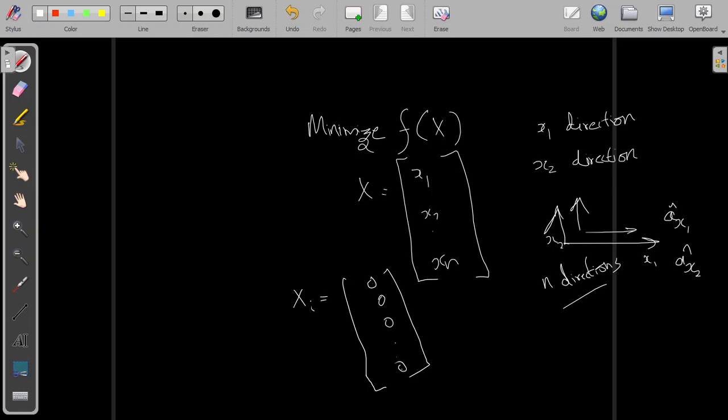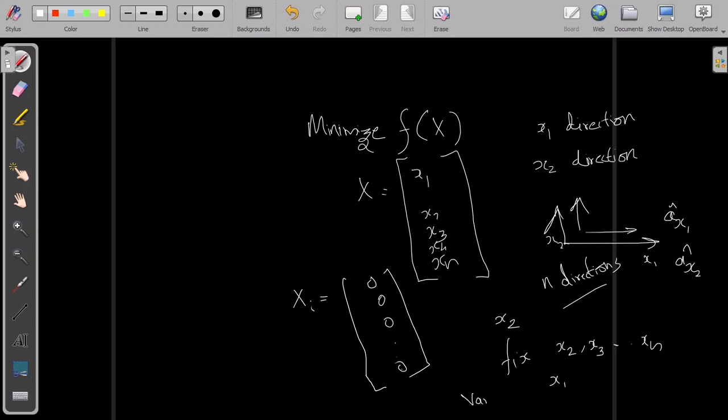Initially we fix the values of x2, x3, etc., xn, and then we vary x1.